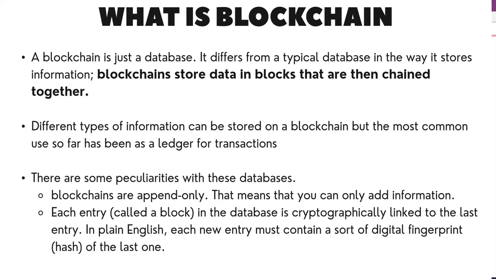So any new block that is created on a blockchain has the information of all the blocks all the way down to the very first Genesis block, as we call it. If we talk about the Bitcoin network, the first Genesis block was mined by Satoshi, the founder of Bitcoin.